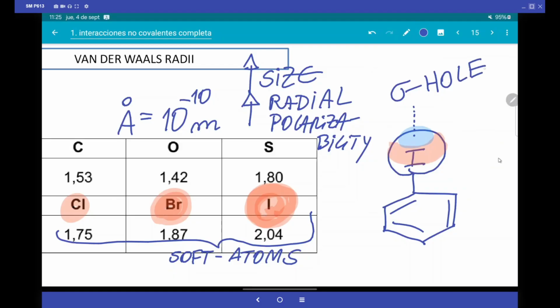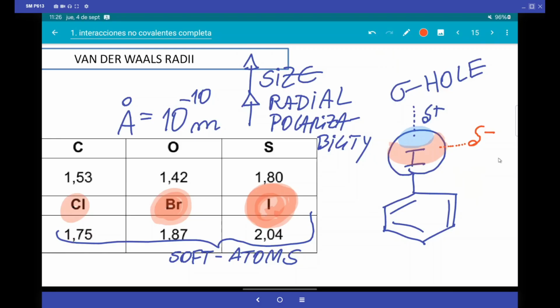That is electropositive, delta plus, and the electrons are collected backwards here in a radial way, giving a delta minus. We have radial polarization. The atom is so large that it has a positive charge and a negative charge in the same atom. Question here: which one do you believe is the one that polarizes?